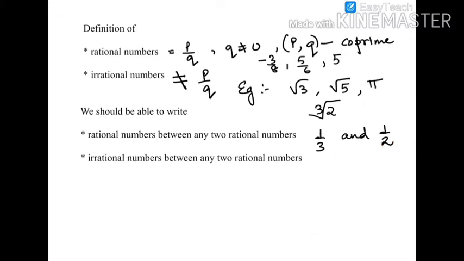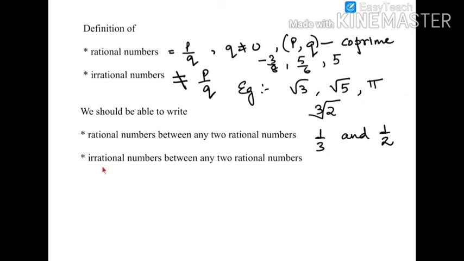So if the question is to find n rational numbers between these two numbers, we again express each of these rational numbers as equivalent rational numbers by multiplying n to the numerator and denominator. And then we can list down rational numbers between these two equivalent rational numbers just by changing the numerator.